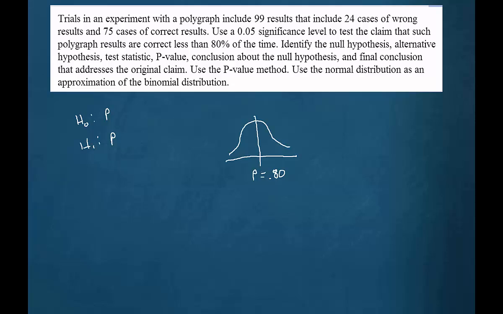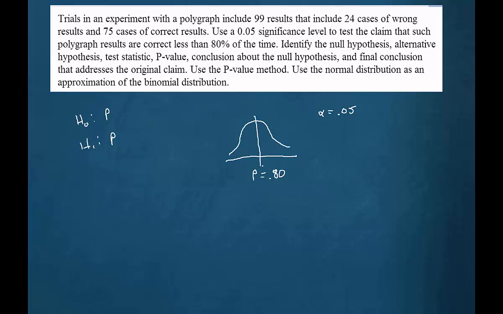It says use a 0.05 significance level. Okay, that's going to be important, so we'll write that down. Alpha is 0.05. To test the claim that such polygraph results are correct less than 80% of the time. So less than 80% of the time.